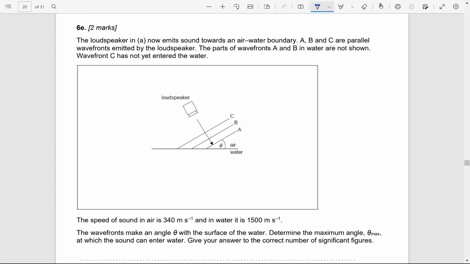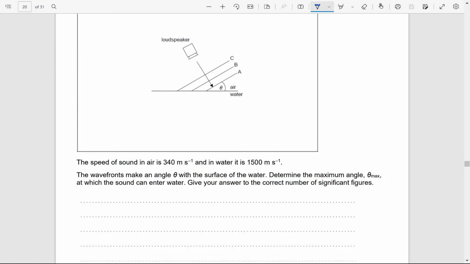So for 6E, the loudspeaker is now emitting a sound through the air and into the water. And as it's moving from a different density from air to water, it's going to change speed and therefore change direction. So we will get refraction occurring potentially.